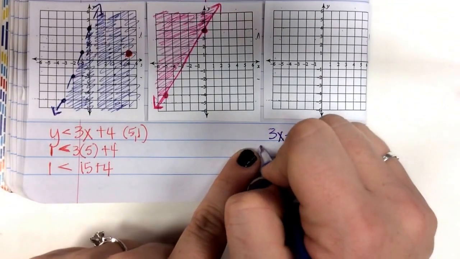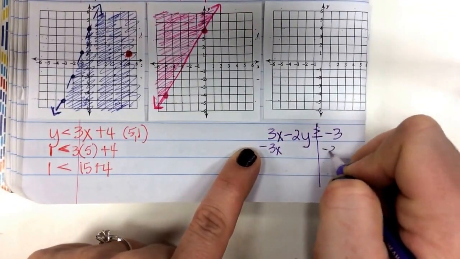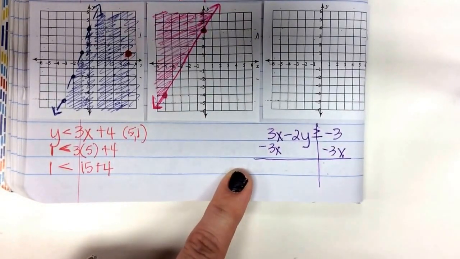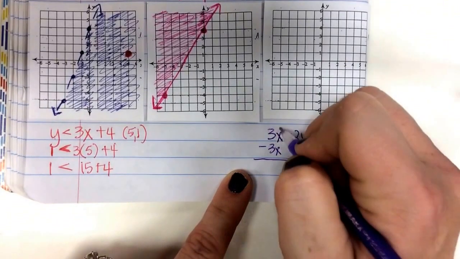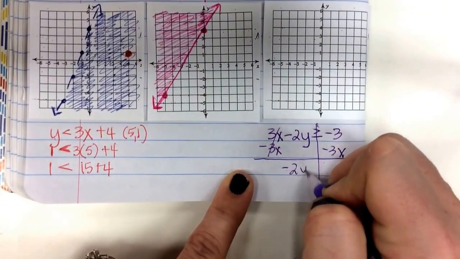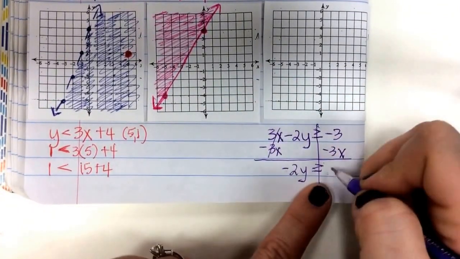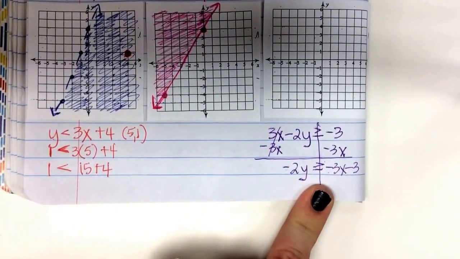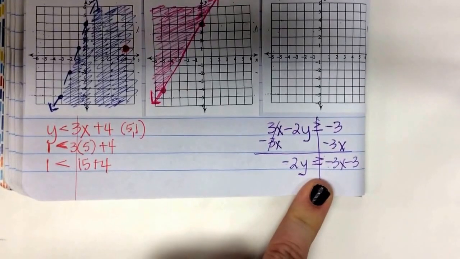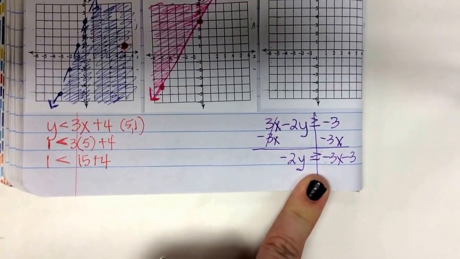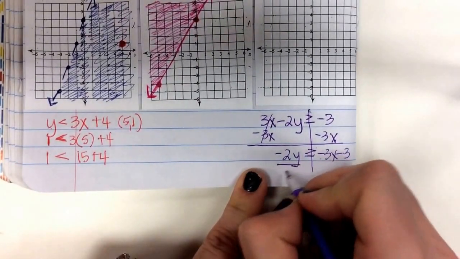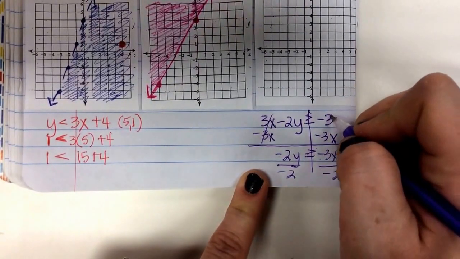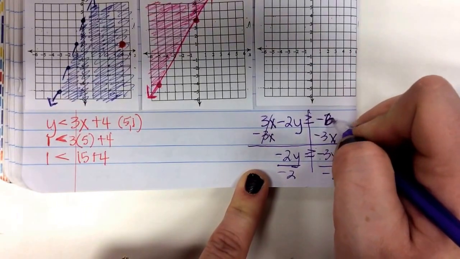Yep, you minus 3x. I have -2y is greater than or equal to -3x minus 6. Now what do? Divide by -2. Oops, I should have made this a 6. Go back and make this 6.